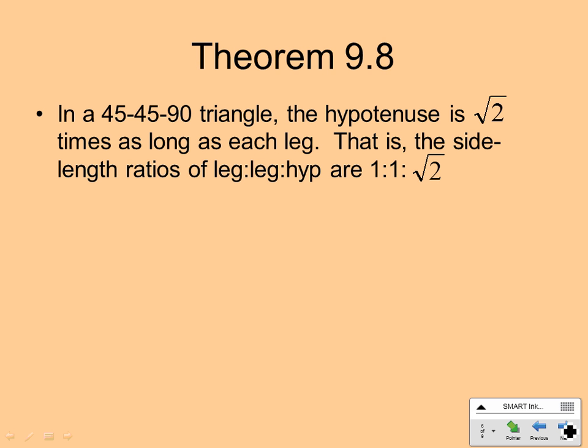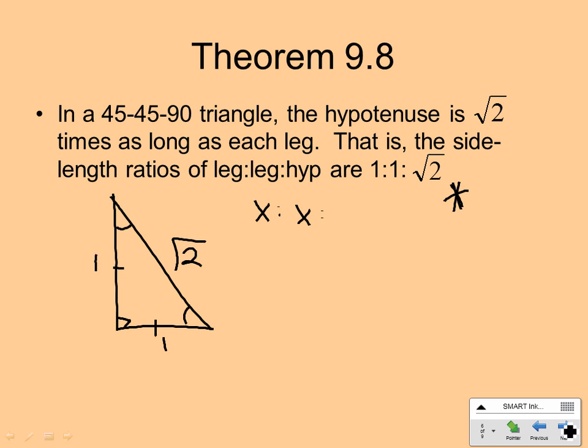All right, and this is what we wrote up at the bottom. Basically what this is saying is that in your isosceles right triangle, or your 45, 45, 90, the hypotenuse is radical 2 times the side length. Does that make sense? You're taking our x radical 2 general equation and plugging in 1 for x.